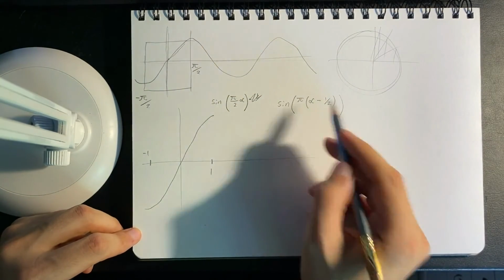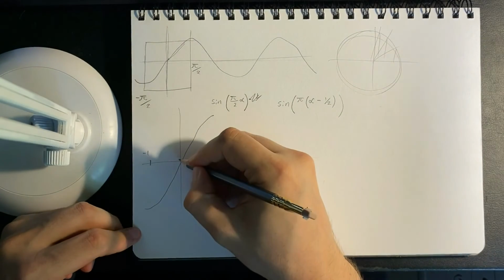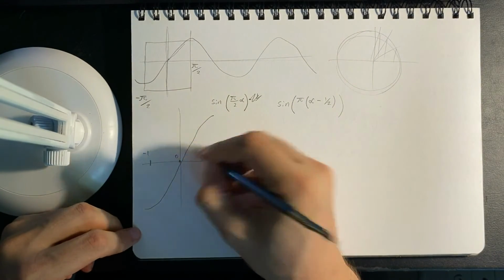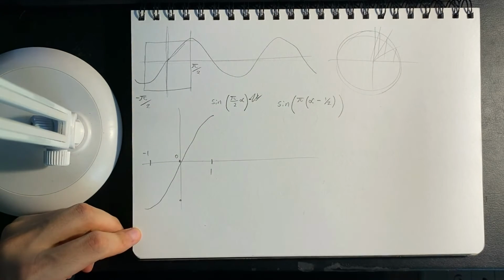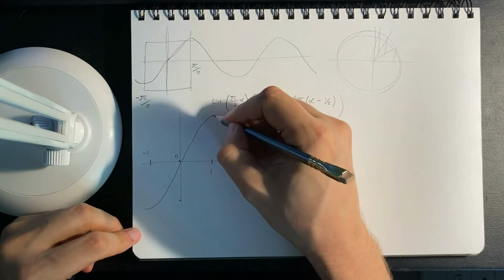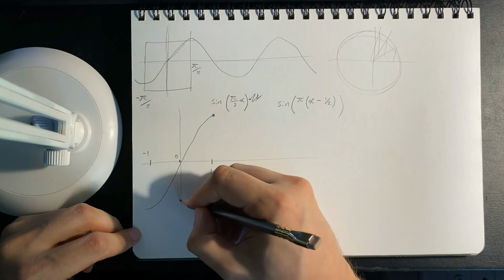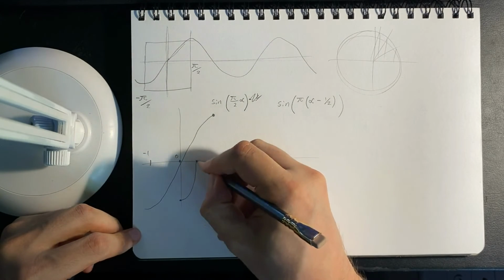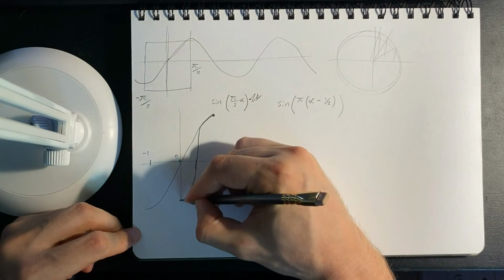First up, subtract 1/2 from alpha, and then multiply that whole thing by pi. So when alpha is 0, we have 0 minus 1/2, that's negative 1/2 pi, gives us our minimum. When alpha is 1, we have 1 minus 1/2, that's positive 1/2 pi, gives us our maximum. So now we've squashed it into this range.